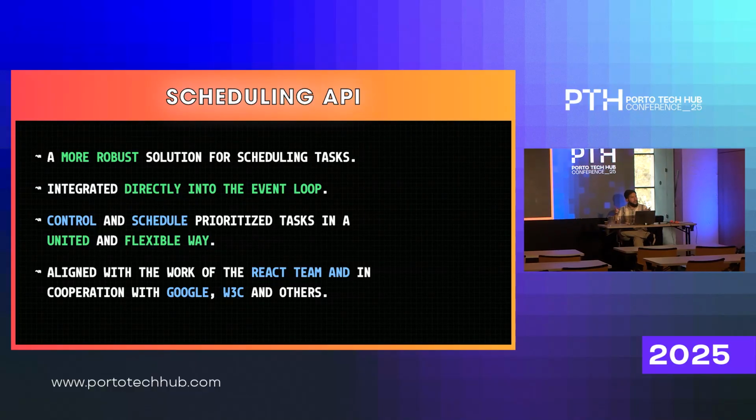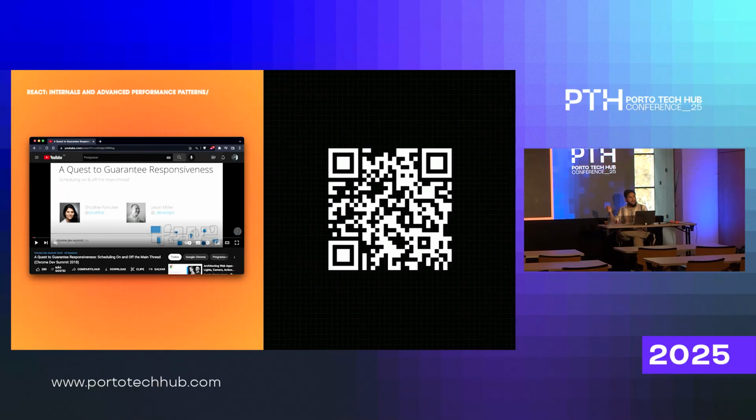And it's the result of many discussions with Google, with Meta engineers, with the Web Consortium themselves, and a lot of people. If you are interested, not just in this API, but in how the browser schedules tasks and how V8 and Blink and all that work under the hood, there's this great talk by Shubhie and Jason Miller. Jason spent a few years working for Google after having created Preact.